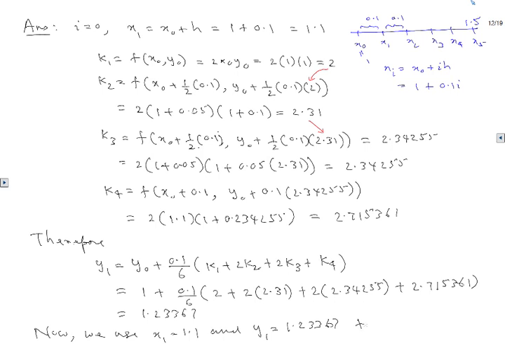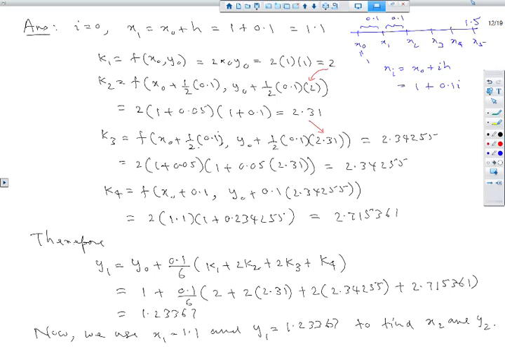To find x2 and y2, we can do the same calculation again. So we need to calculate the 4 slopes and plug them into the formula. So we can see that in a table. So let's do the calculation and see how things are gonna work for the next few calculations.